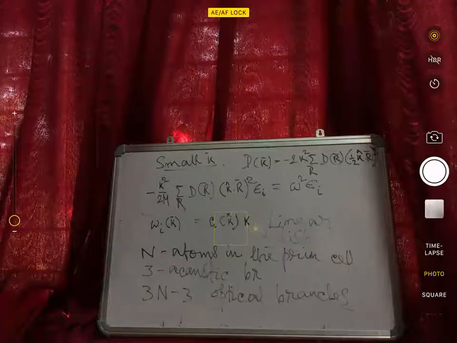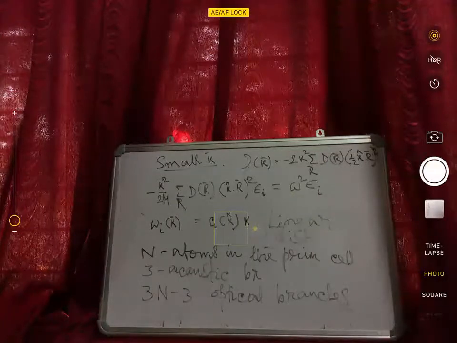And if it so happens that the structure you have taken is not a stable one, then that will show up in the form of imaginary frequencies of these vibrational modes. So these are called dynamical instability of the system. So it would rather try to go to some other structure.